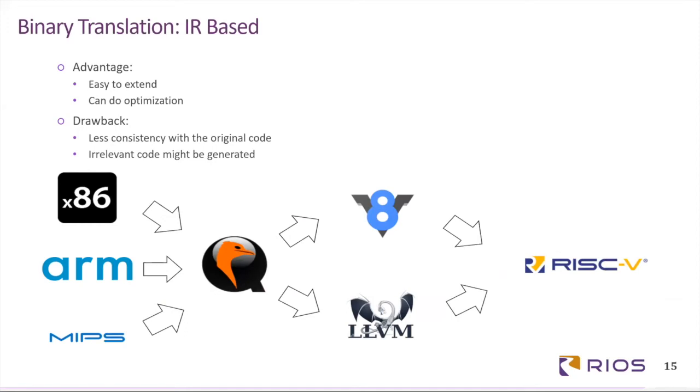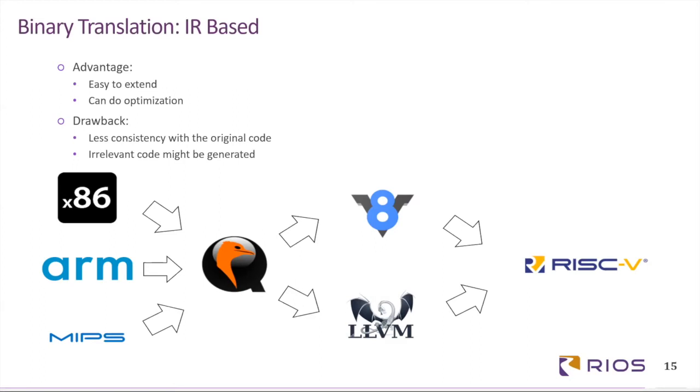You translate the QEMU IR to the LLVM IR, and then use the LLVM backend to generate the RISC-V binary or assembly. The advantage is that the translation is easy to extend, and you can do optimization on the intermediate representation.